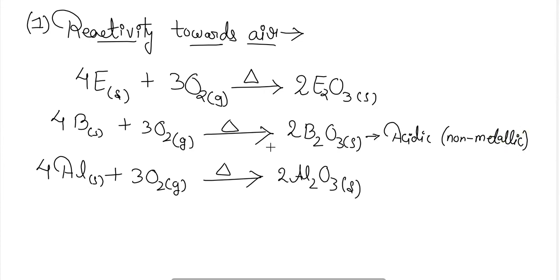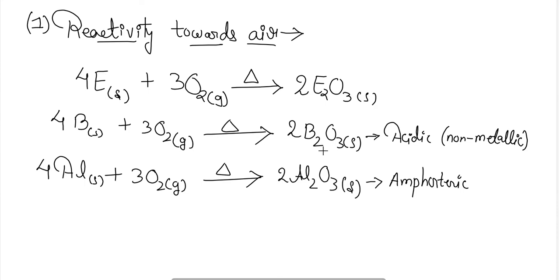In the case of the other elements, the oxides of the other group 13 elements are amphoteric, while boron only has the acidic nature.